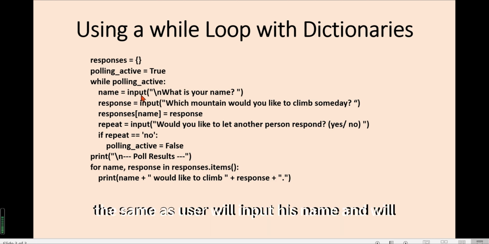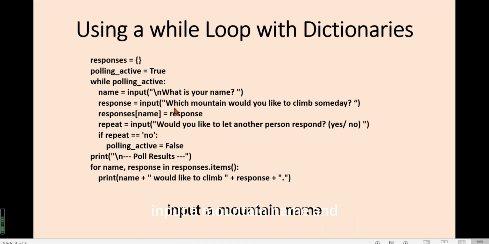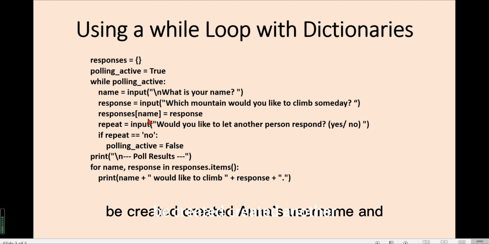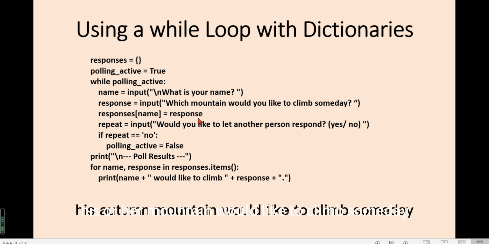The user will input a name and a mountain name, and the responses dictionary will get another username and his or her mountain they would like to climb someday.